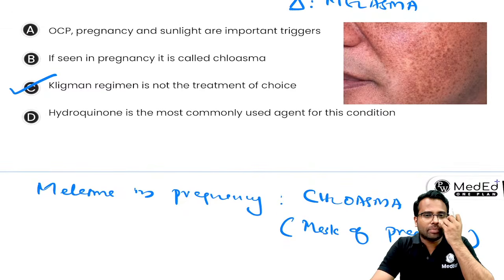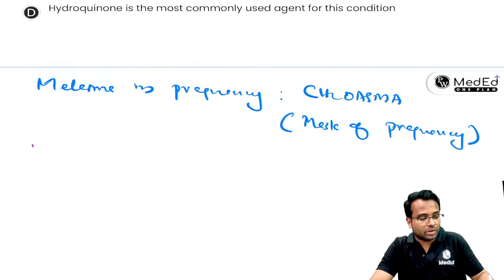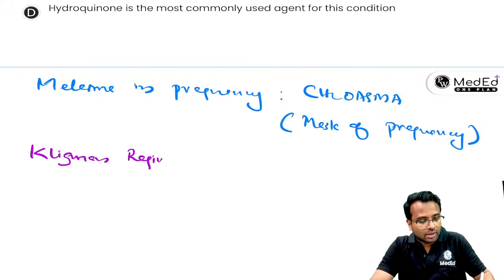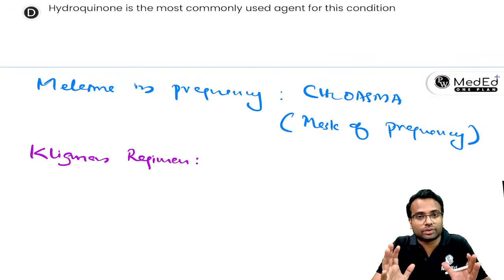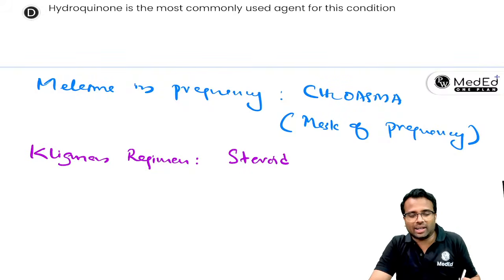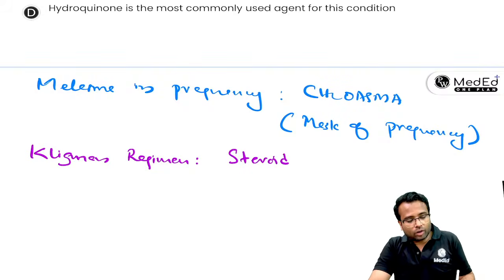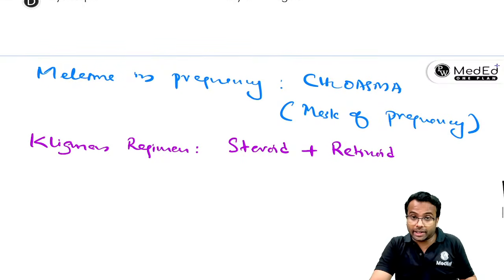And what is this Kligman regimen? If you don't know what the Kligman regimen is, let me just write it down. This is one of the wonder drugs that we have for the management of melasma, because it comes as a combination of 3 different drugs. One is a steroid like mometasone. Along with the steroid, there is a retinoid like tretinoin.